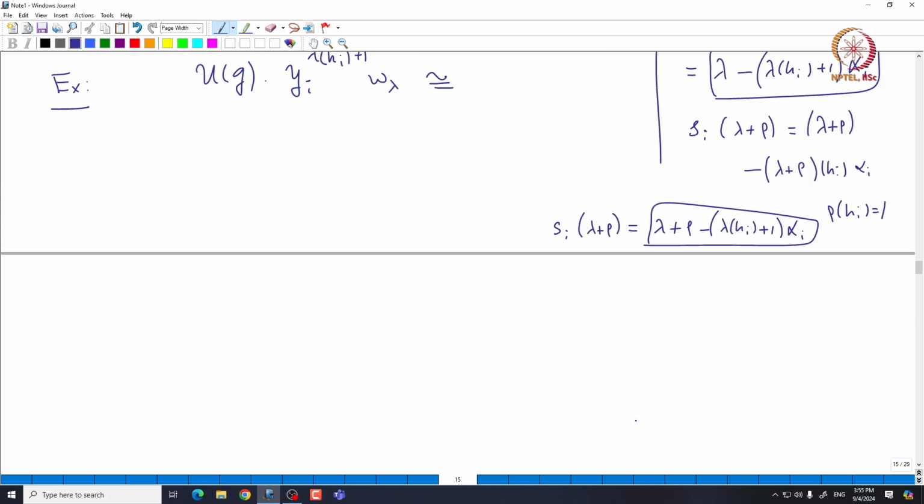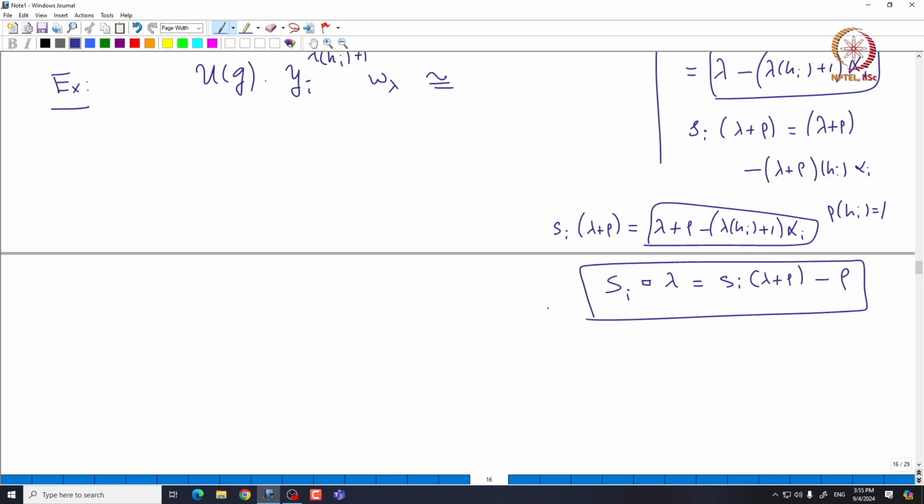That is what gives you the dot action. The dot action on lambda is defined to be Si of lambda plus rho minus rho. So this is how one defines the dot action, just a shorter notation.